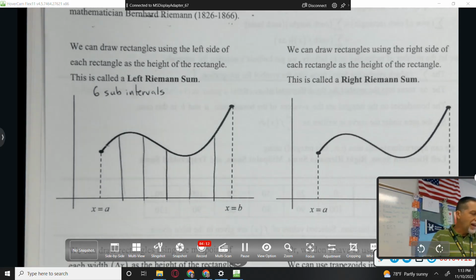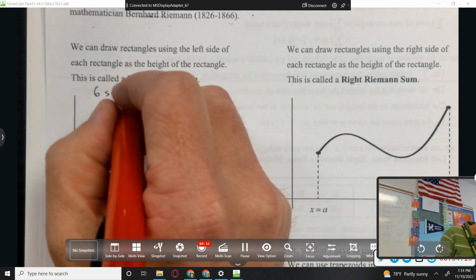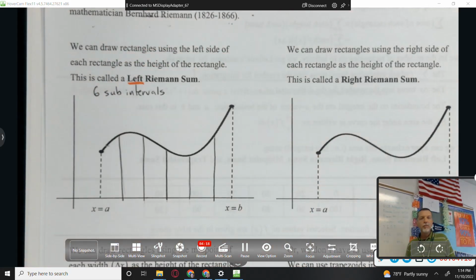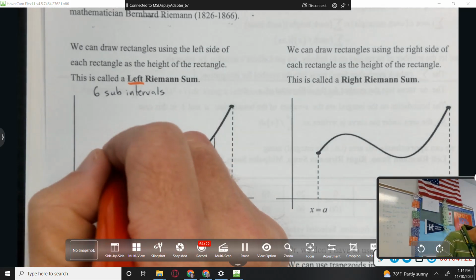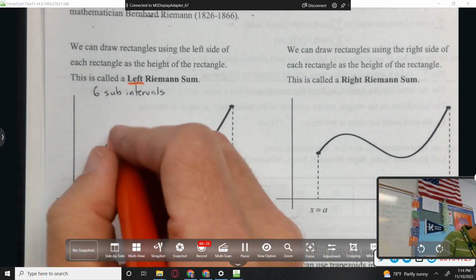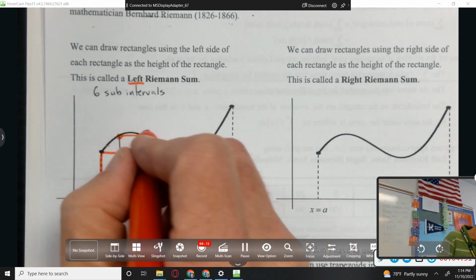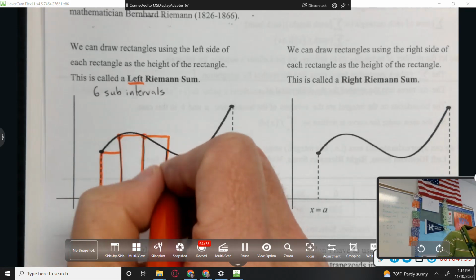And if we want a left sum, then that means we'll take the height of each rectangle from the left. So there's one rectangle. We come from the left. Come from the left. Come from the left.